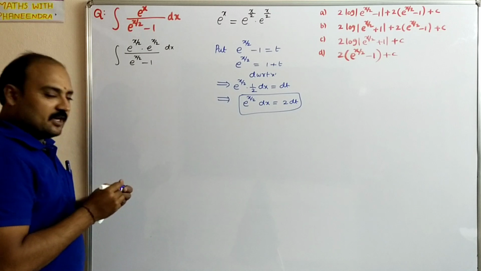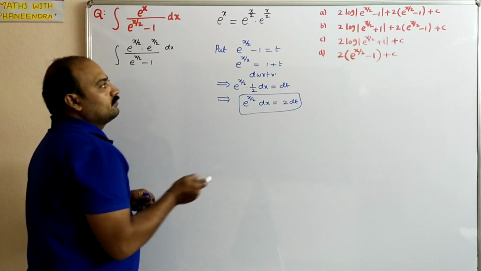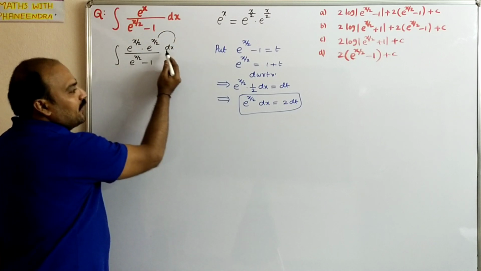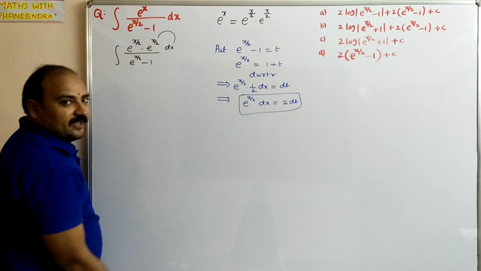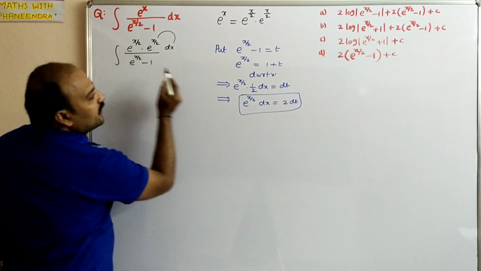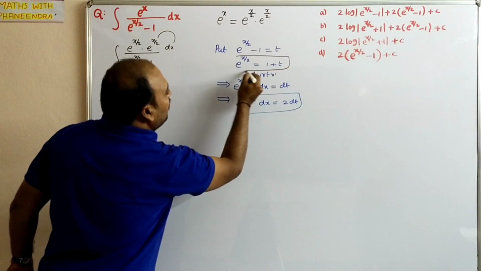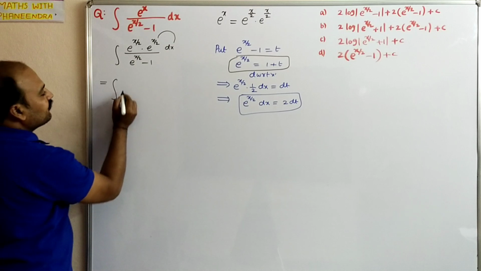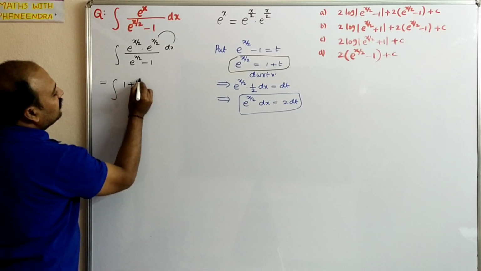After reaching this step, wherever e power x by 2 dx is there, in place of that we have to replace with 2 dt. In place of e power x by 2, you can replace with 1 plus t.